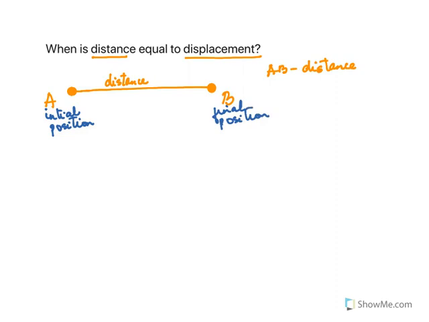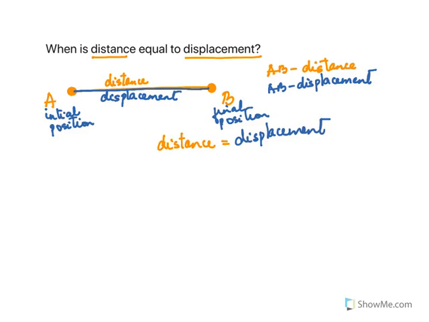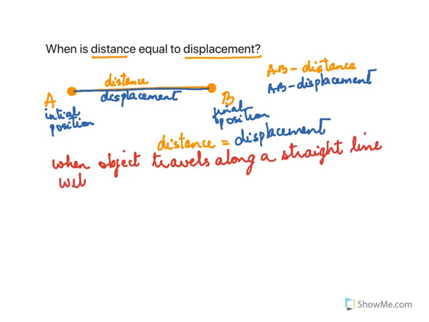For displacement, I must know the initial and final positions. AB is also the displacement. So when you see it, in this case the distance and displacement are equal. So distance is equal to displacement when an object travels along a straight line without changing direction.